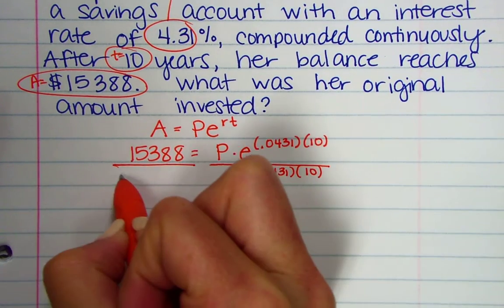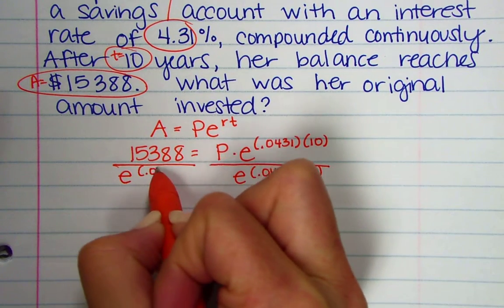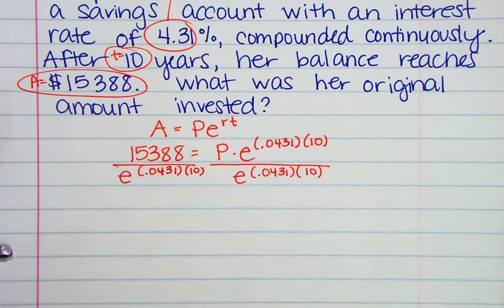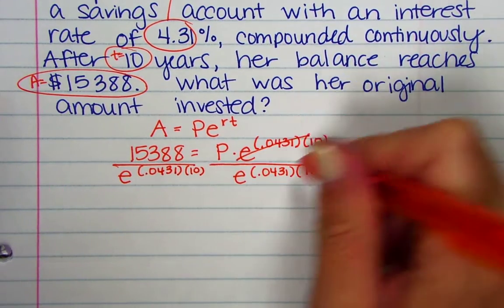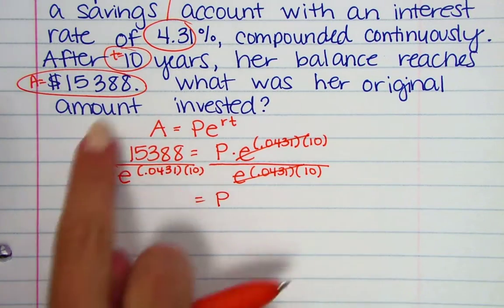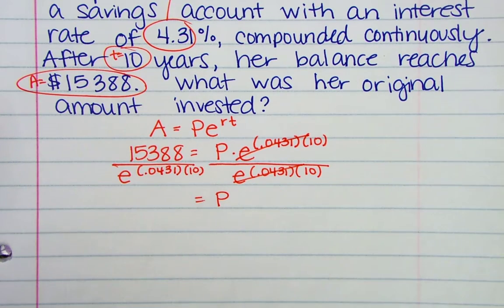Divide on both sides. Can't do it on just one side. e to the 0.0431 times 10. On this side, it cancels out and leaves me just with P. This is what we need to type into the calculator.